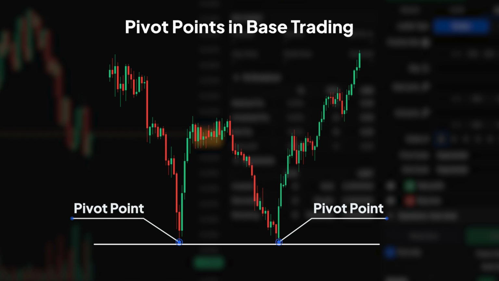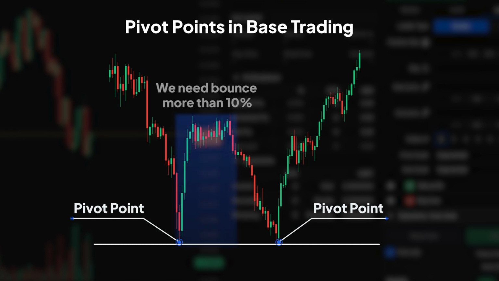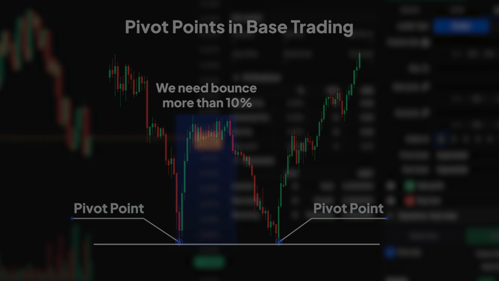We make sure it's a strong support level by checking how big the bounce is on the chart. Remember, if the bounce isn't at least 10%, it's not a trade we want to take. By sticking to simple strategies and focusing on key price moves, we aim to find good chances to make profits with more confidence. Let's dive deeper into this approach.